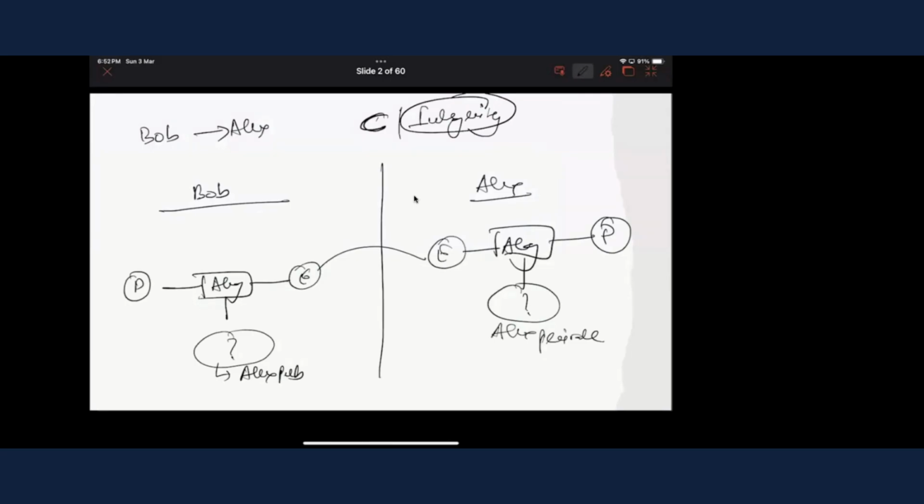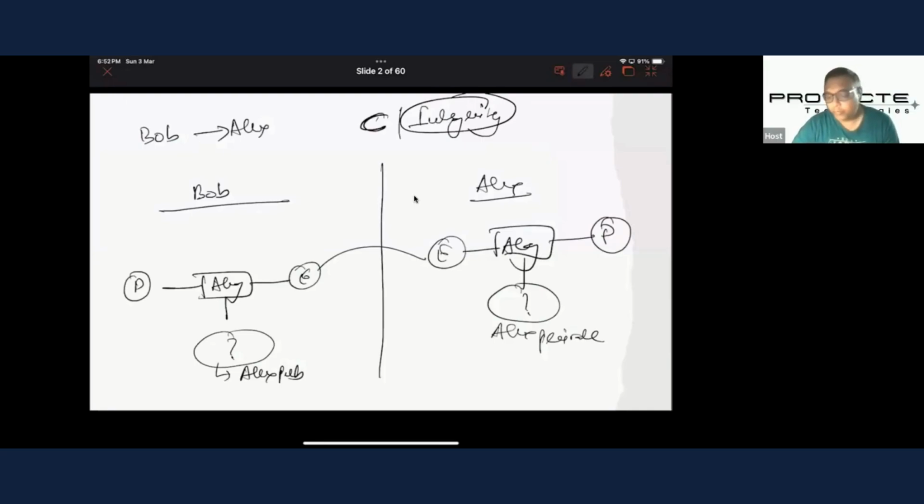Integrity, how will you check? Unless you have the hash value, you don't know what message was sent. What was the initial message? You don't know, right? Do you have any technique to find out that this is the message which was actually written by Bob? Do you have any way of finding it out?